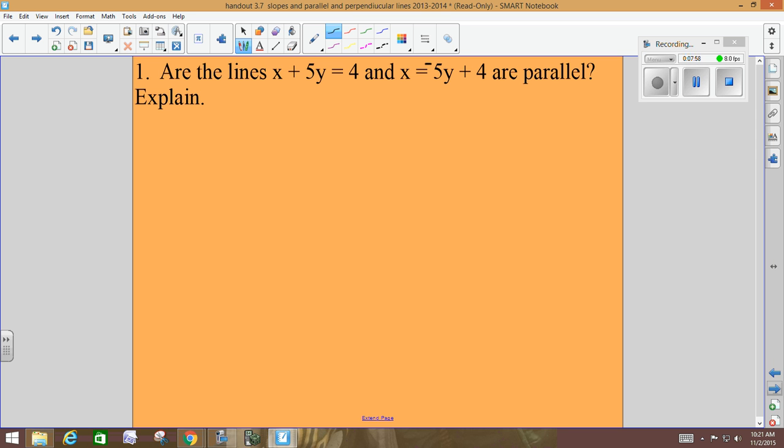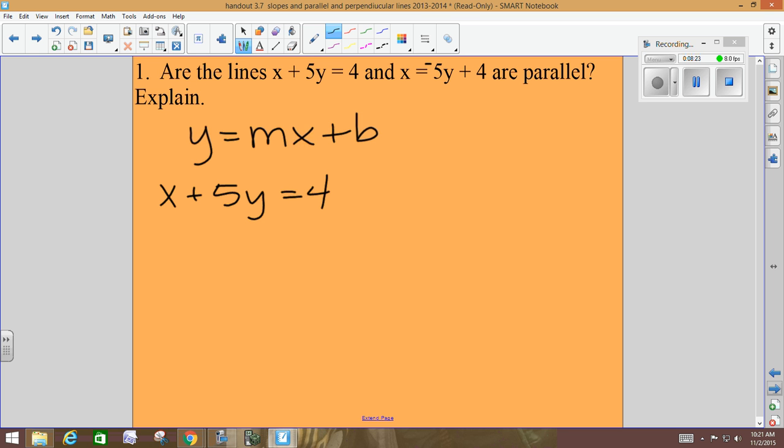I want to set them equal to y, because that would be what form of a line? Slope-intercept. Good. You need to put your equations in slope-intercept form, because then whatever is attached to the x is your slope. So you have to solve these for y. My first line, x plus 5y equals 4.